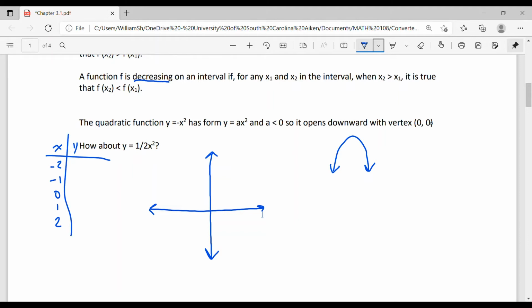If I plug negative 2 in for x, negative 2 squared is 4. 4 times a half is 2. If I plug in negative 1 squared is 1 times a half is a half. 0 is 0. 1 should also be a half, and 2 should be 2.